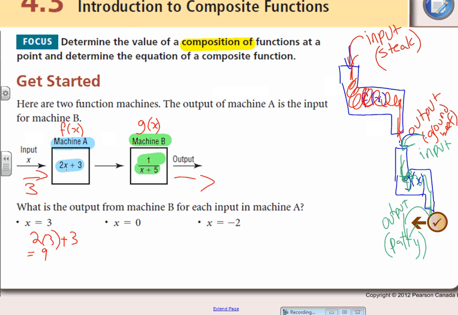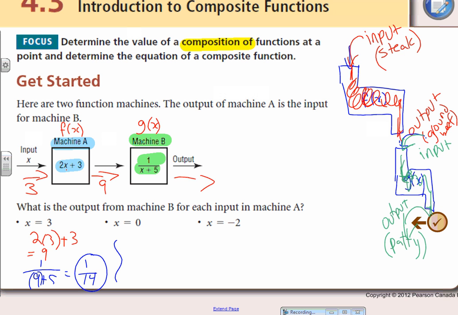That 9 now becomes the output of machine A, which goes to the input of machine B. So now we take that into the second machine, 1 over x plus 5, so 1 over 9 plus 5, which gives us 1 over 14.